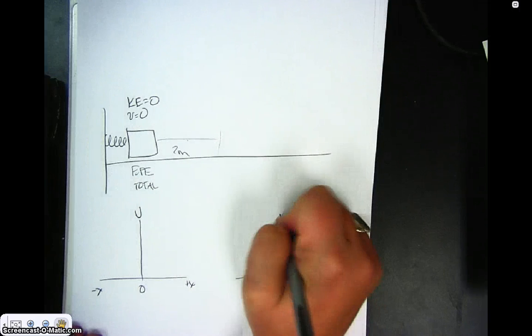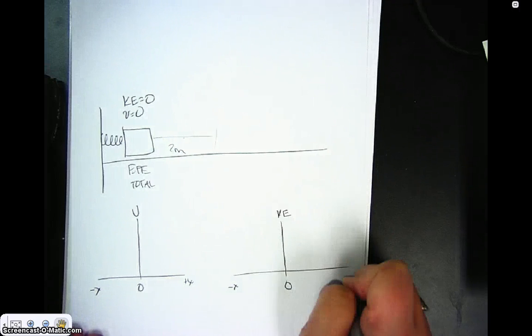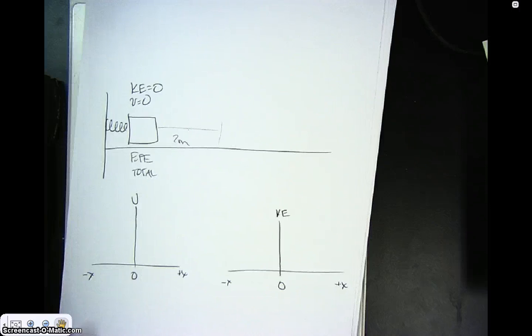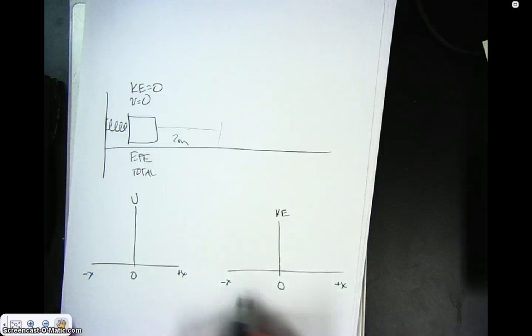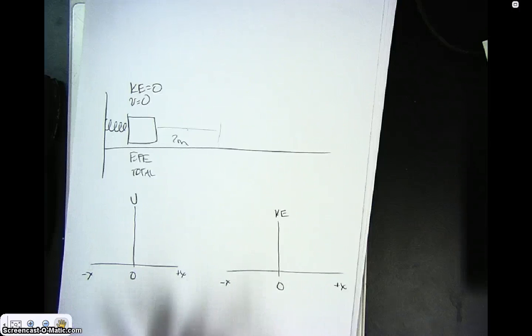And over here I have kinetic energy, and this is where it's 0, and I have negative x and positive x, right? Now, we know as x changes, the velocity is going to change, and velocity is squared. And over here, x is squared. So both of these are going to look parabolic, but we have to see how they're going to appear.